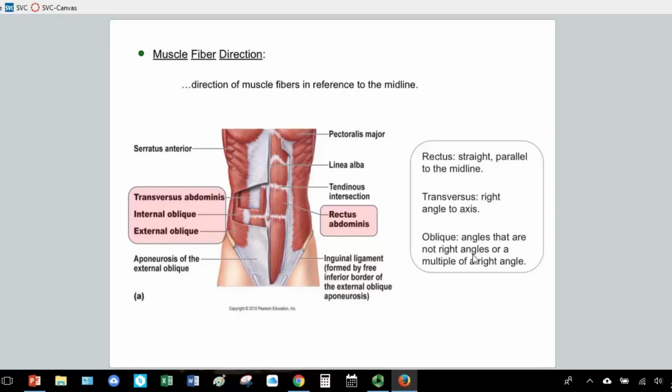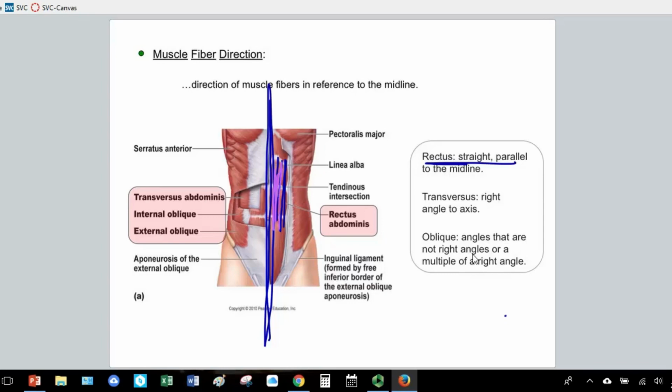Muscle fiber direction. We can name muscles based on the direction the muscle fibers run in, and this is relative to the midline here. The abdominal muscles are a good example of this. Rectus means straight or parallel. So the rectus abdominis, those fascicles are running straight or parallel to the midline.